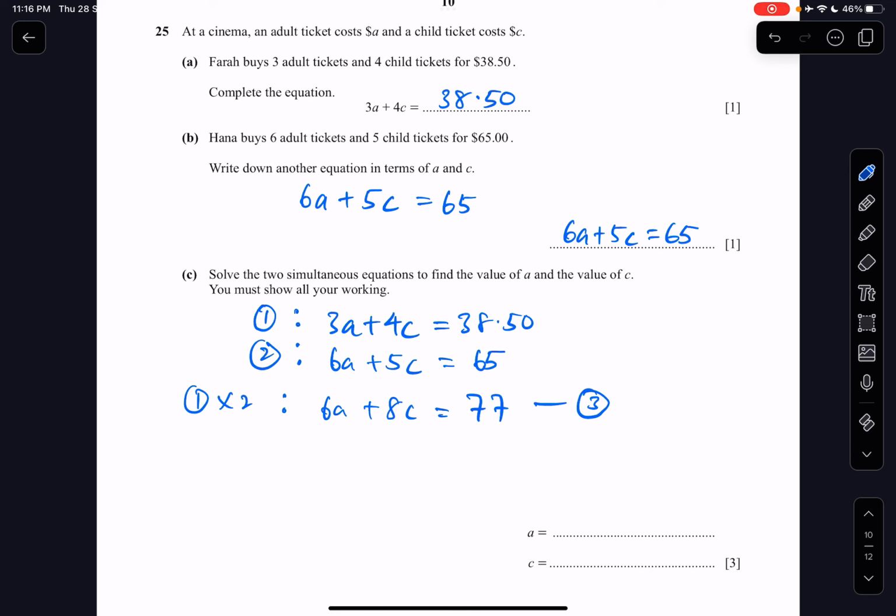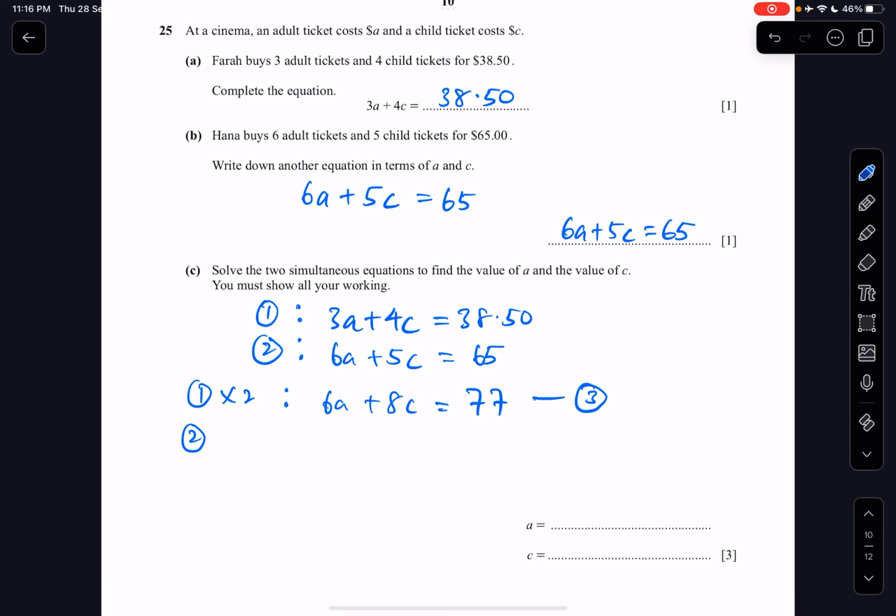Now I have to subtract 2 minus 3. So I will have 6A plus 5C minus 6A plus 8C, which equals 65 minus 77. Make sure I'm doing 2 minus 3 and not the other way around.